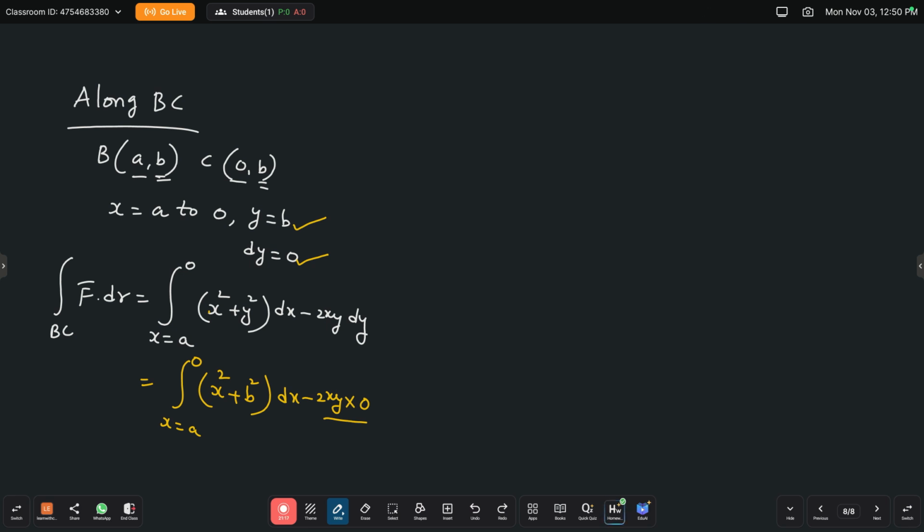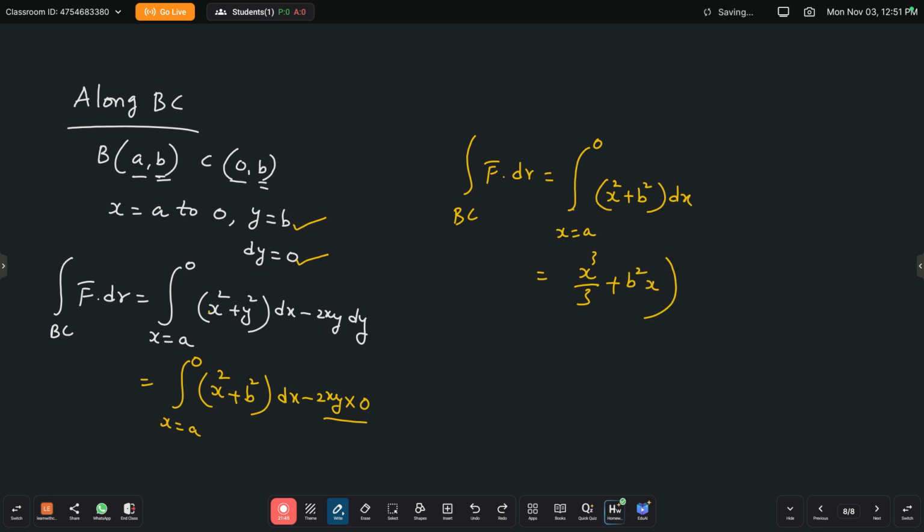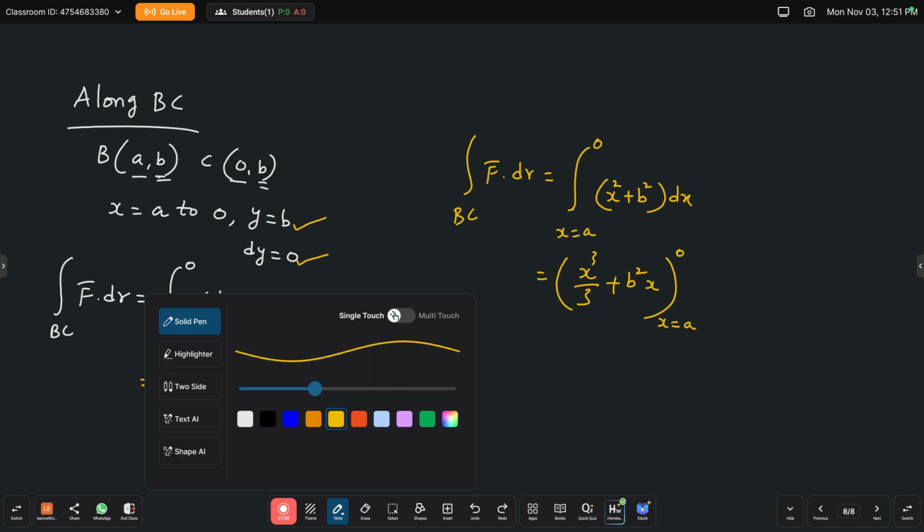We'll get along BC, f dot dr is equal to the integral from a to 0 of x square plus b square times dx. Integrating with respect to x, the integration of x square is x cube by 3, plus b square is constant, and its integration with respect to dx is x. Now replace the limits, x from a to 0.